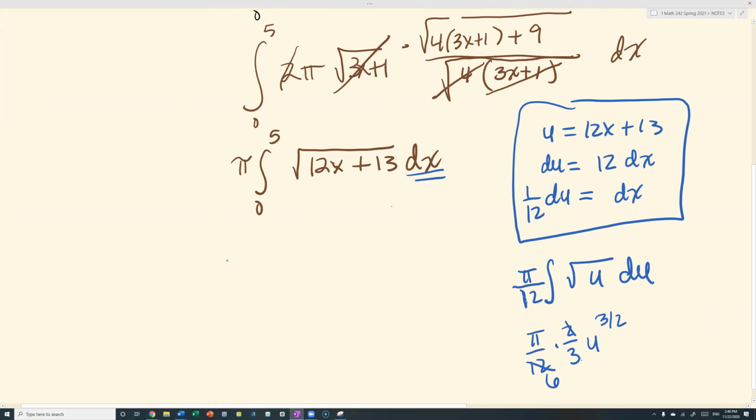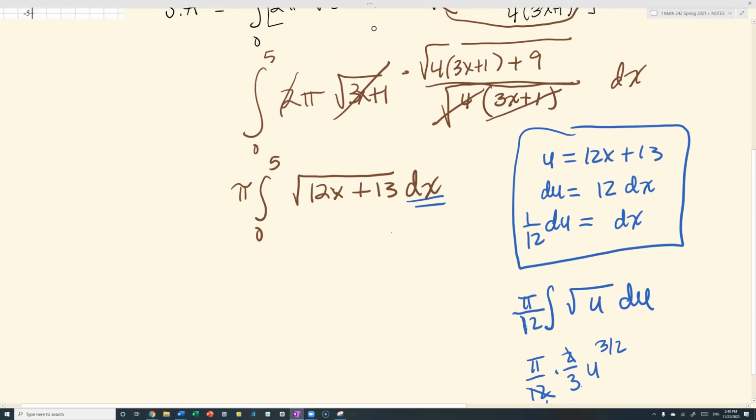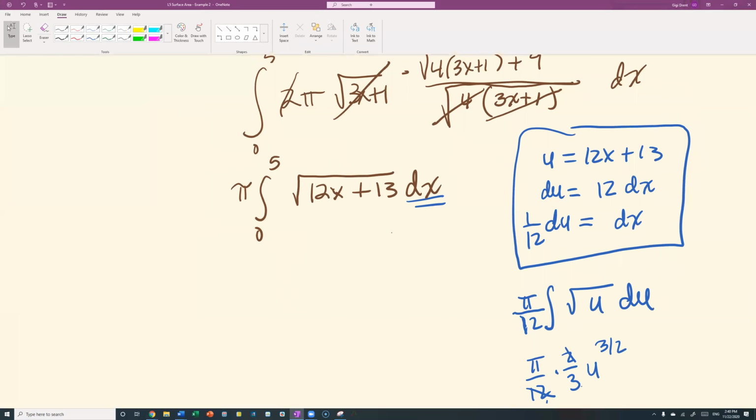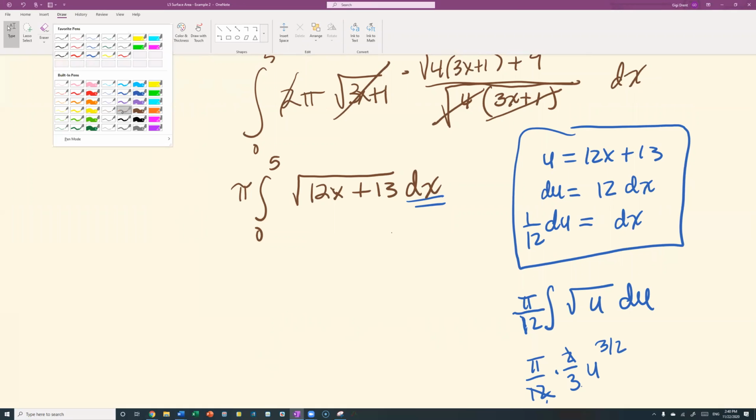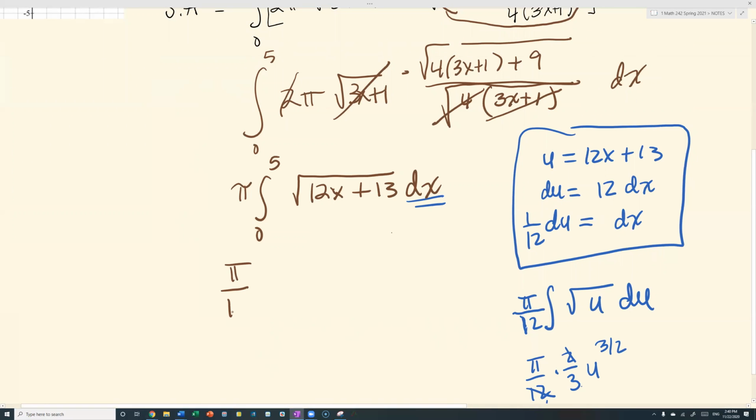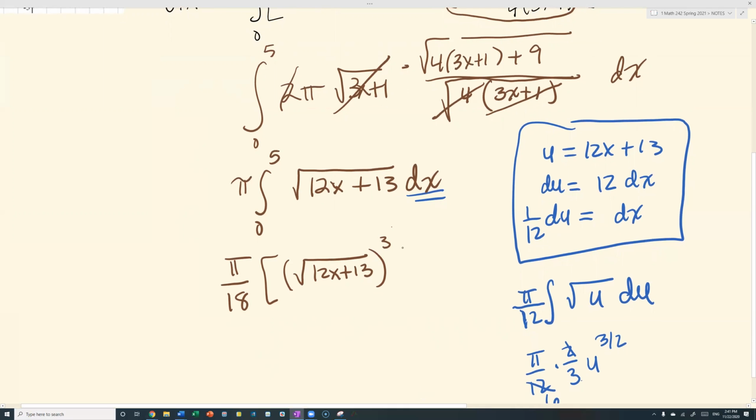So what I really have here, if we go back to our brown color, is pi over 18 of the square root of u, which would be 12x plus 13 to the 3rd power, and we are going to evaluate that from 0 to 5.